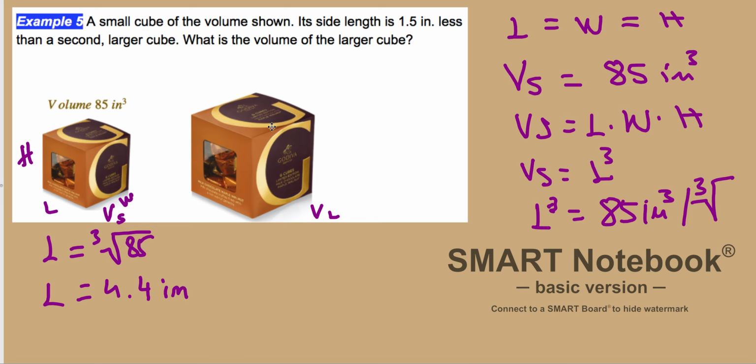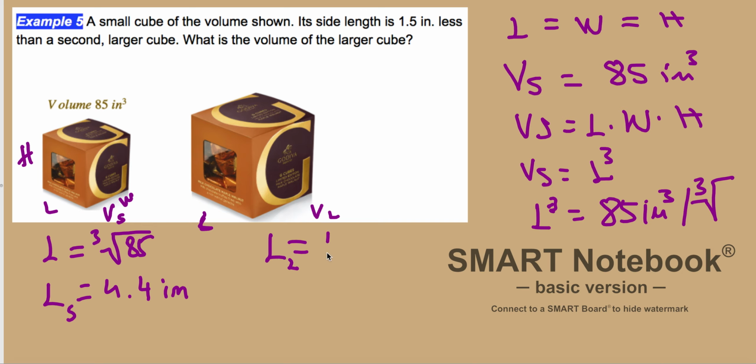But now the bigger cube has its length L. Let's say this is LS because this is the smaller cube, and this is LL, the length of the larger cube.